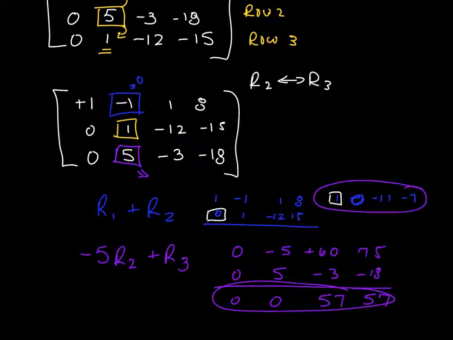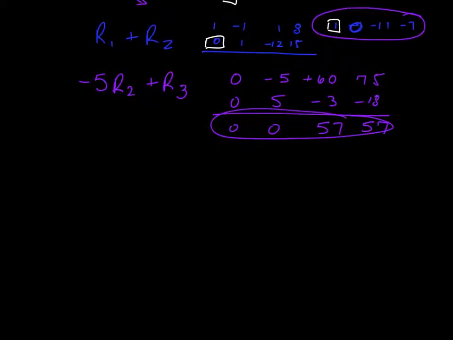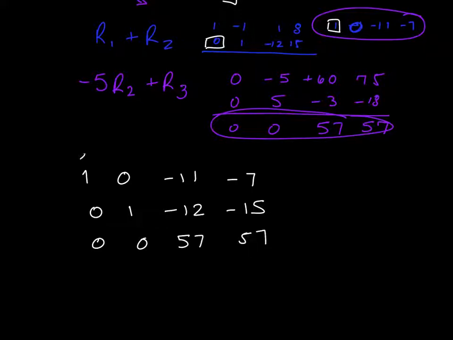So now what I am looking at is 1, 0, negative 11, negative 7, and 0, 1, negative 12, negative 15, and my last row is 0, 0, 57, and 57.